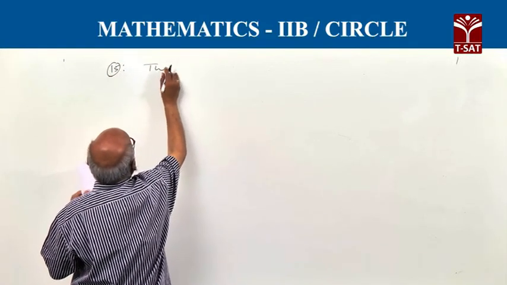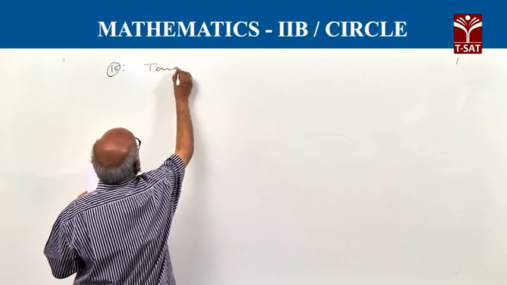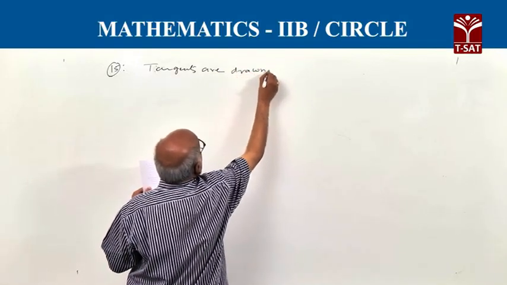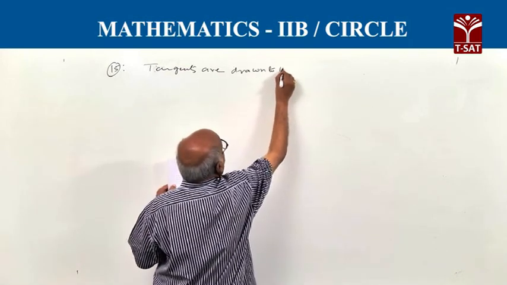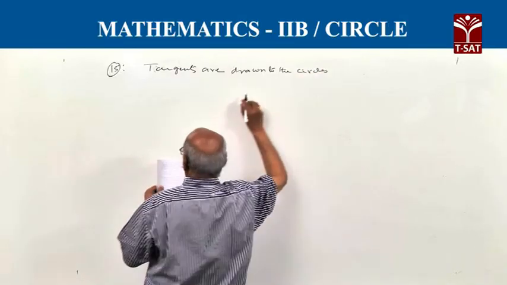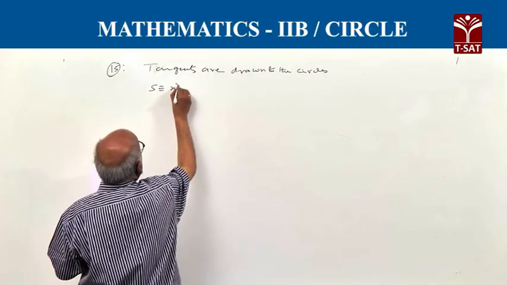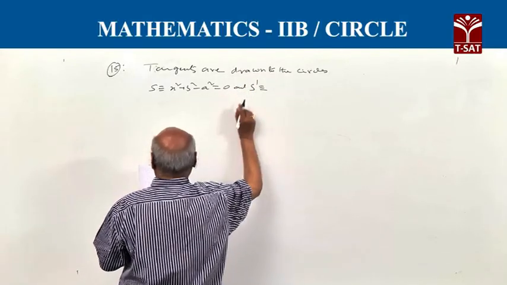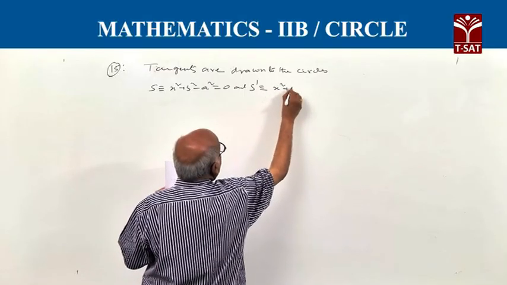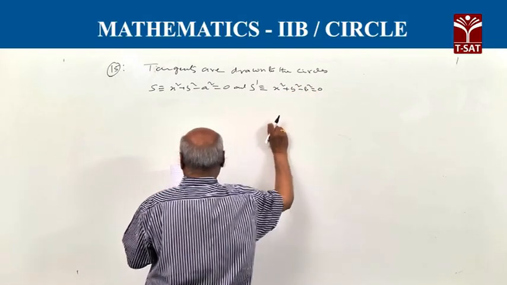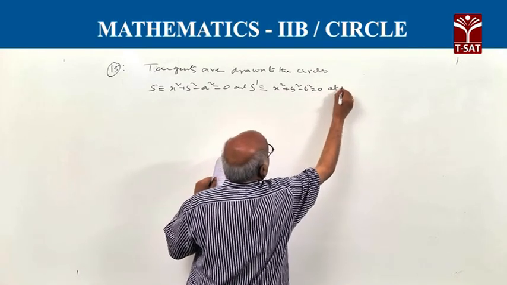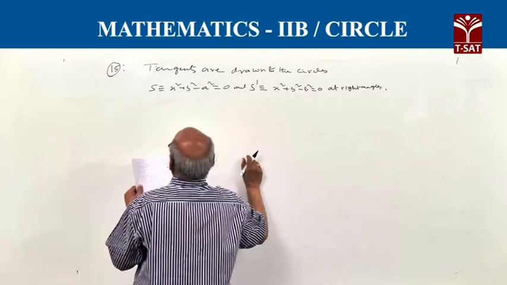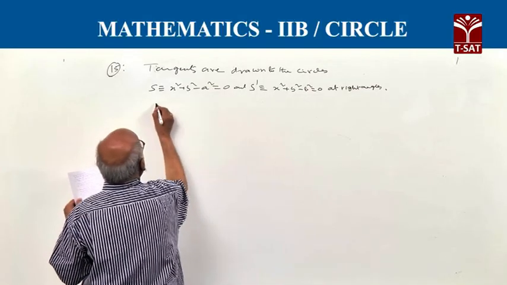Tangents are drawn to the circles S is equal to x square plus y square minus a square equal to 0 and S dashed is equal to x square plus y square minus b square equal to 0, at right angles to one another.